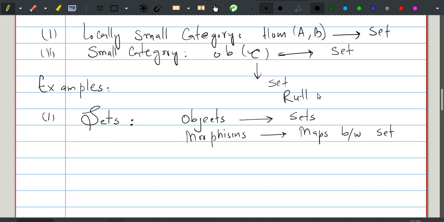In Russell's paradox, this is about sets. We don't have a set of all sets, because that won't make any sense.